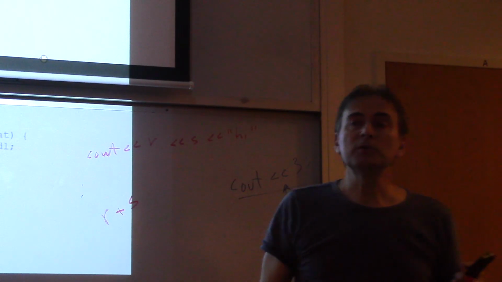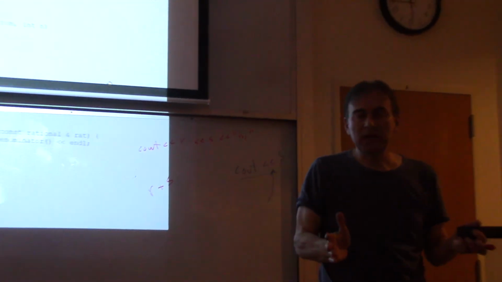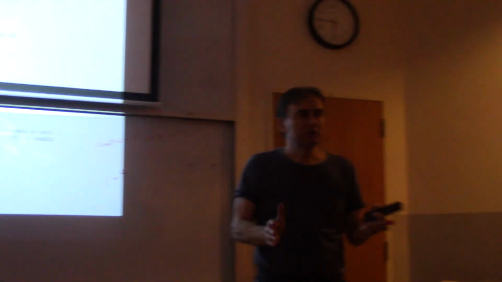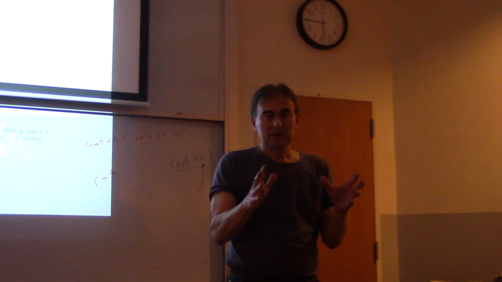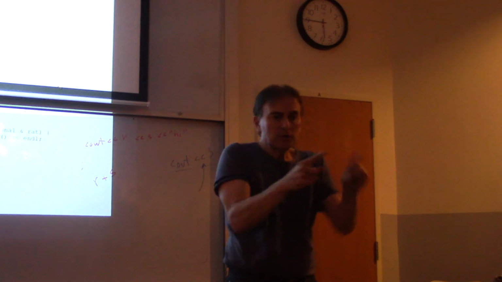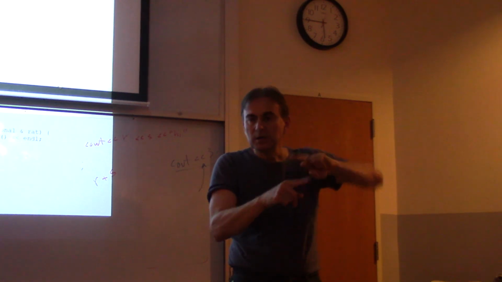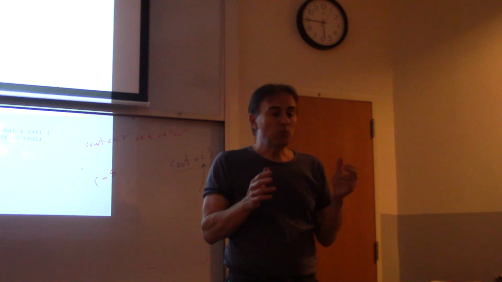You have to overload the operator outside of a class. If you declare an operator outside of a class, and it's a binary operator like this one, or the star, then there is no host.